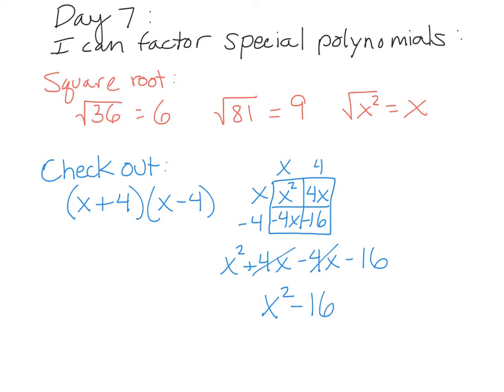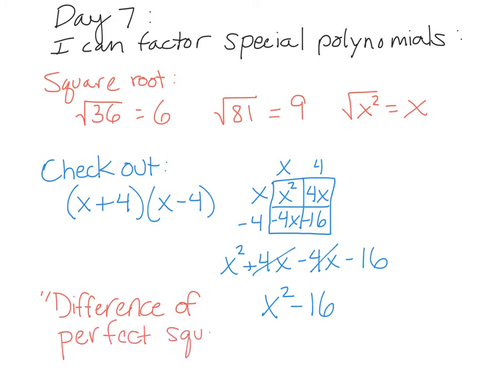This is called the difference of perfect squares. Some people just call it difference of squares. I call it perfect squares. So we're going to look at some problems that factor like this.